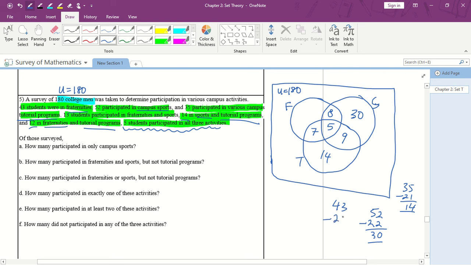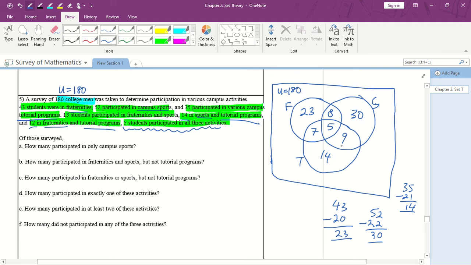So 43 minus 20 will be 23. So here is 23.